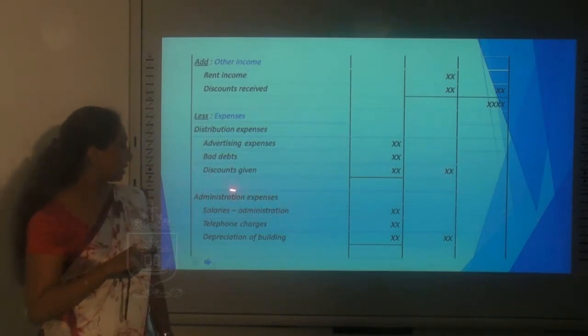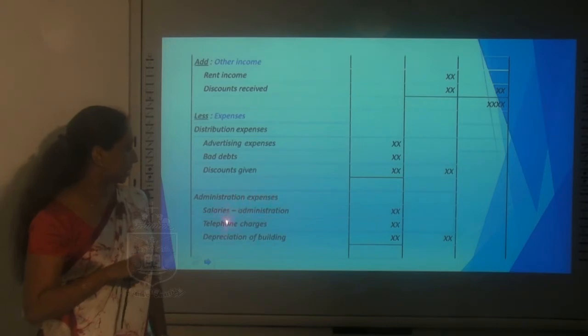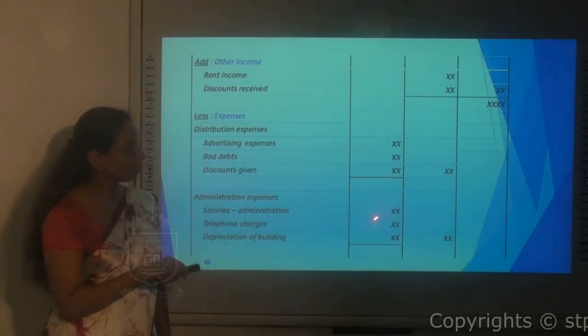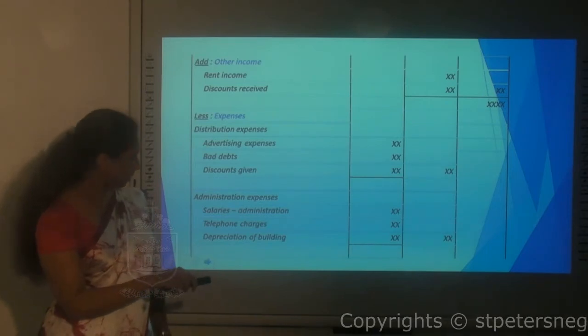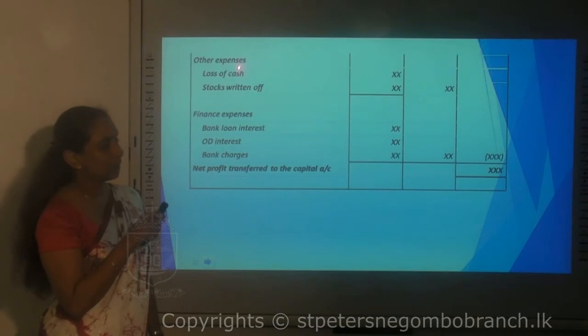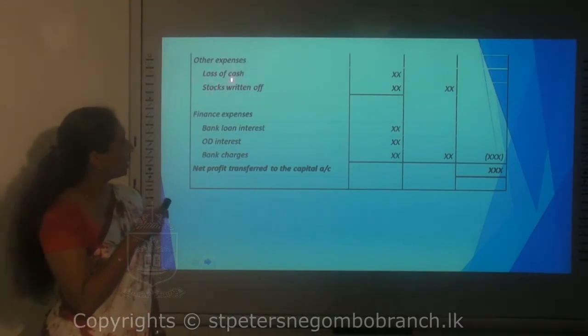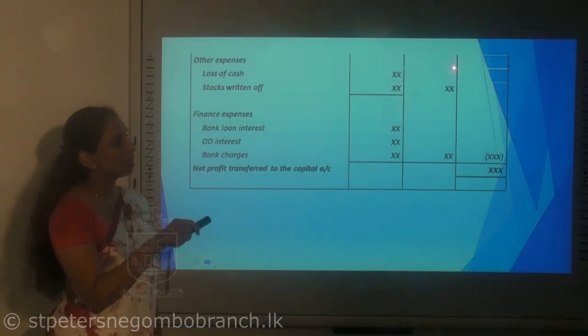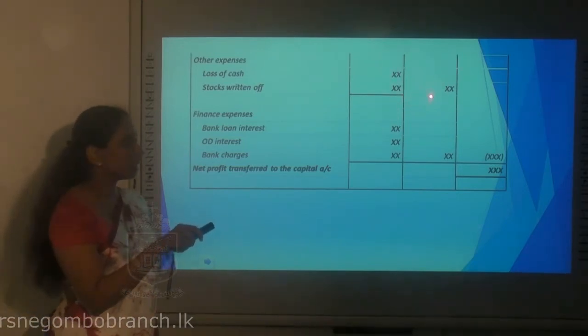Similarly, the next expense type, the administration expenses, will be mentioned here, and the subtotal will be taken to the middle column. Thereafter, the other expenses are mentioned similarly, with the values in the first column, and the subtotal will be taken into the middle column.